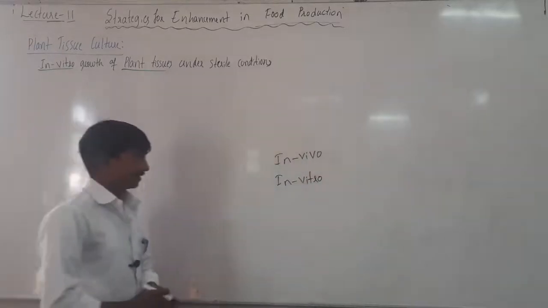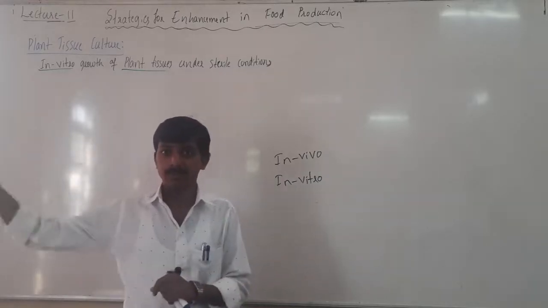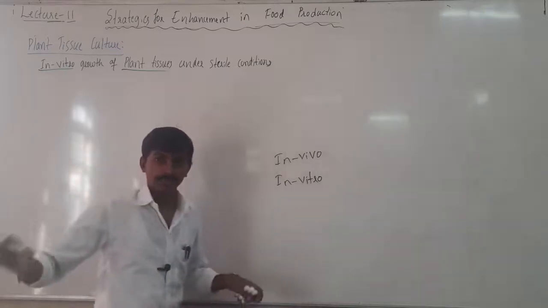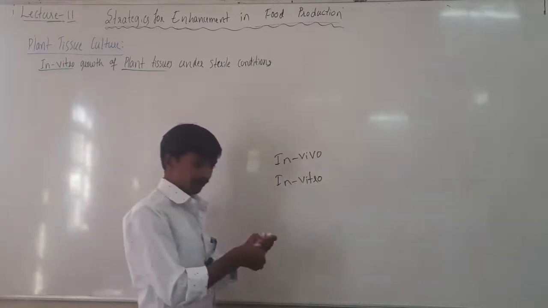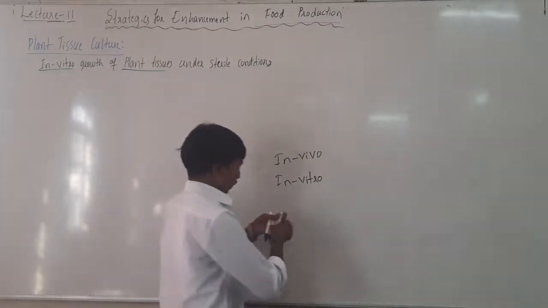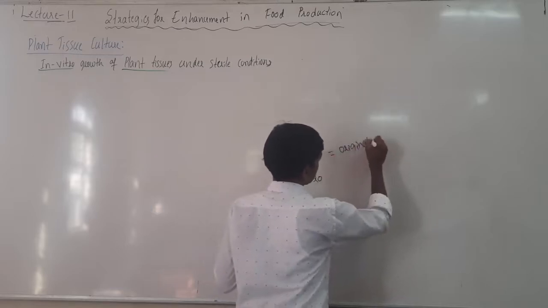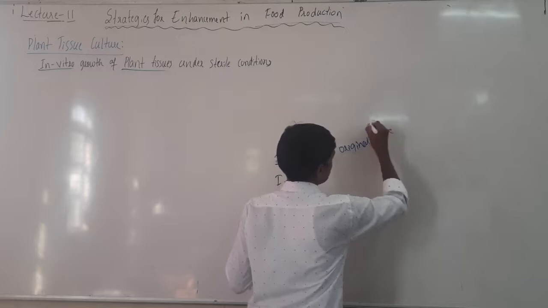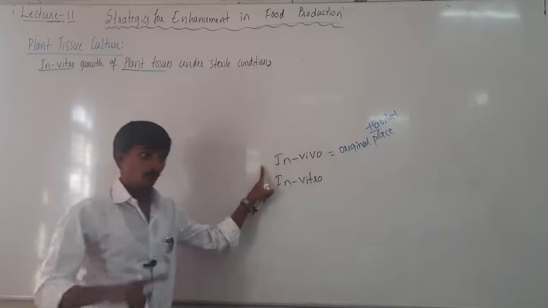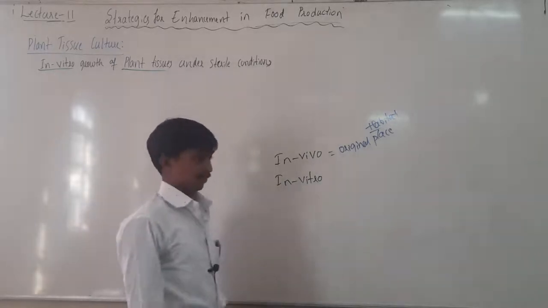Okay, imagine there is a plant in nature. In nature only, we are giving all the necessary supplements to the plant, like providing water, providing protection, fencing, etc. Okay, so if any plant, any organism is taken care of in its original place or original habitat, then it is called in vivo culture, in vivo growth, in vivo conservation.